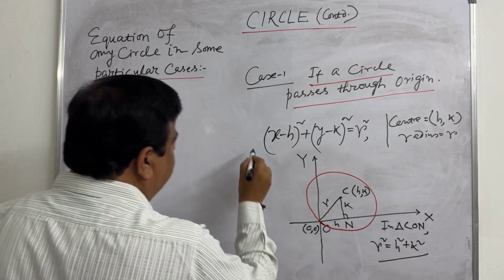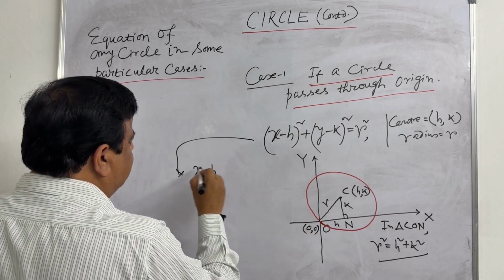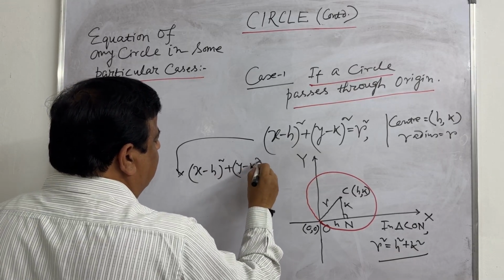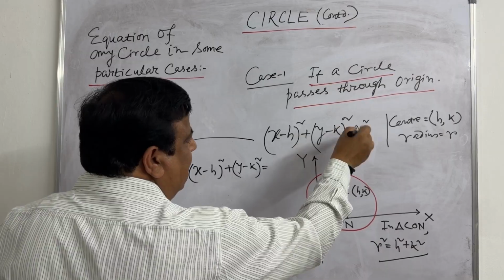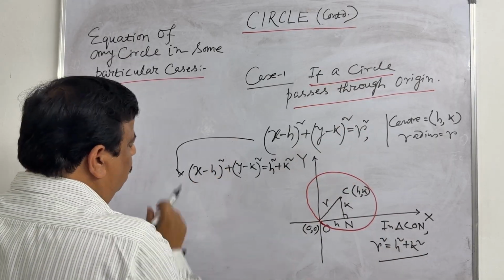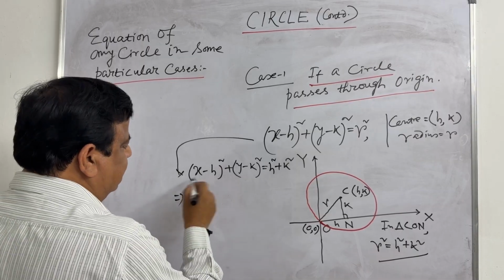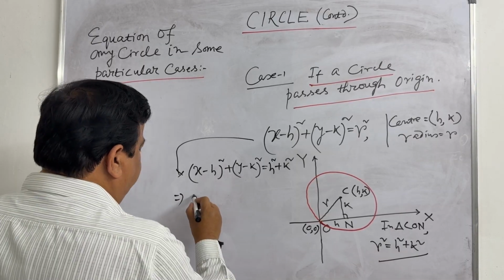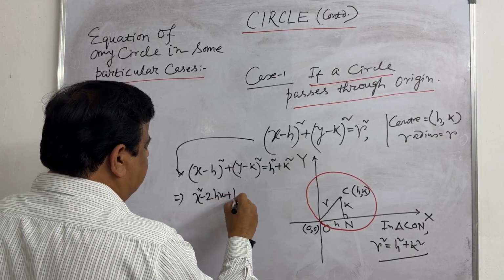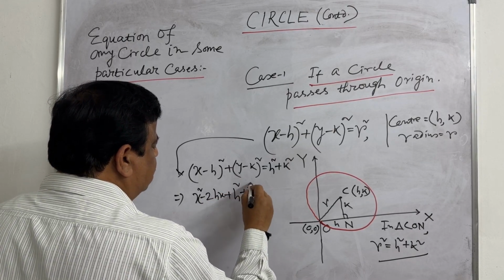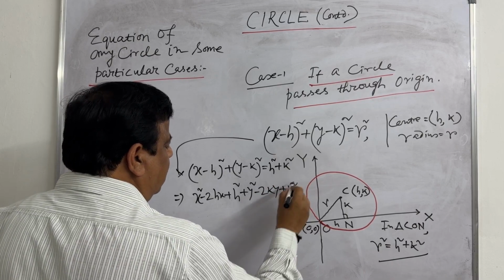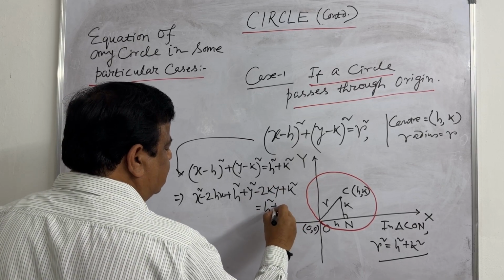Now simply put the value of r square in this standard equation. So what will you get? (x minus h) whole square plus (y minus k) whole square is equal to, replacing r square by h square plus k square. If you expand using the formula (a minus b) whole square, x square minus twice hx plus h square plus y square minus twice ky plus k square is equal to h square plus k square.